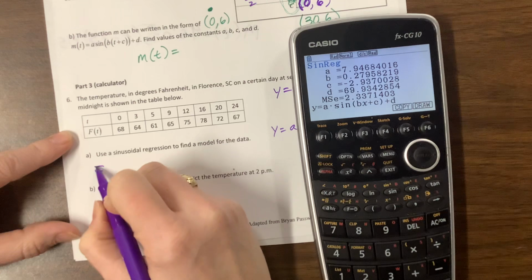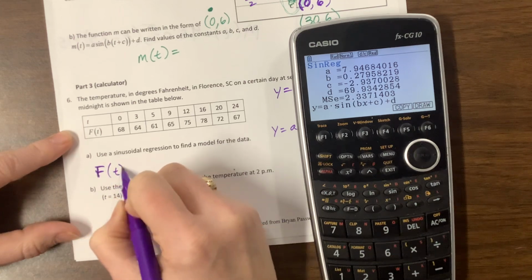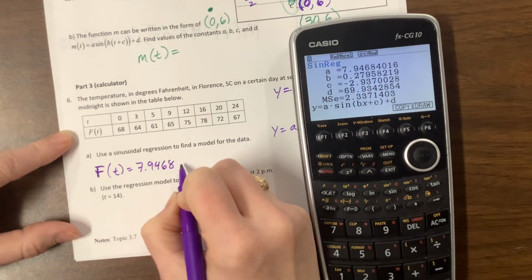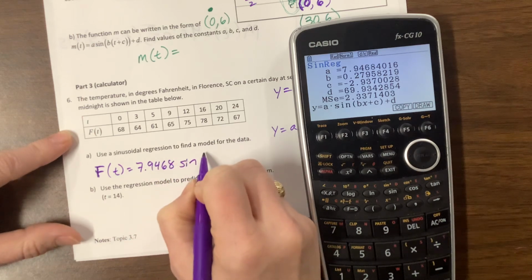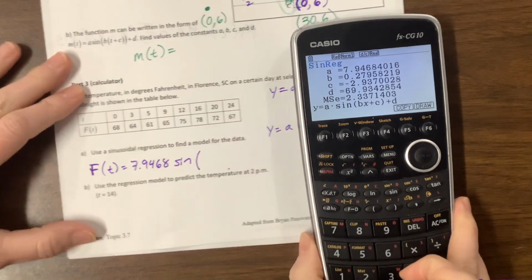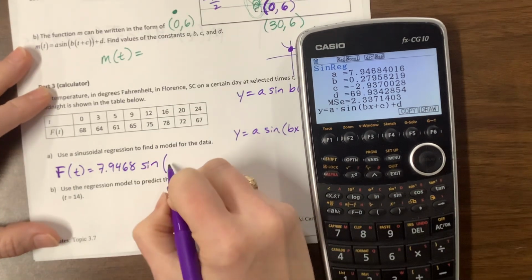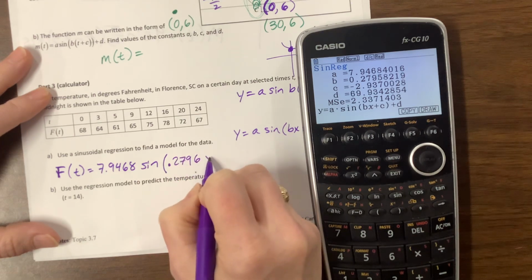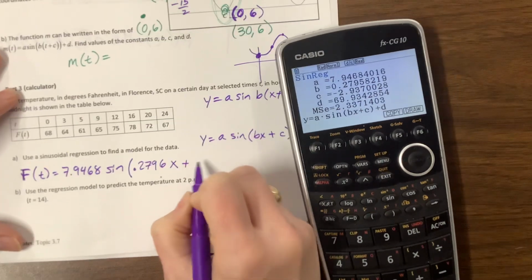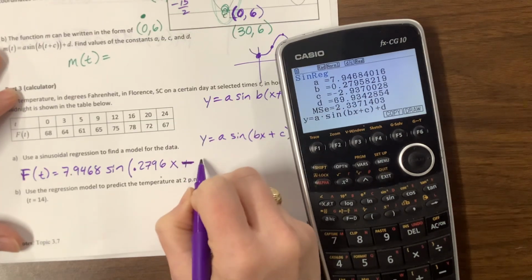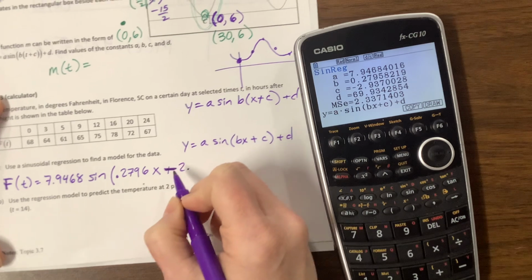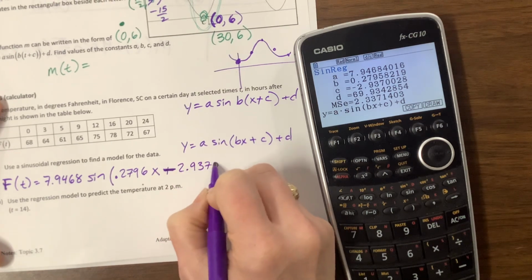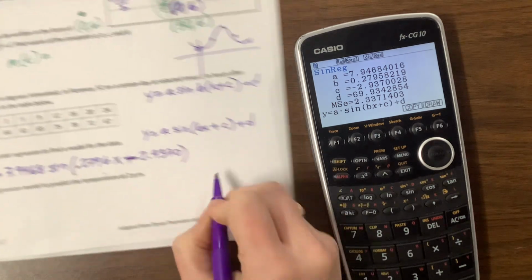Okay, so f of t is equal to our a value, 7.9468 sine of b, 0.2796 x plus our c value, minus 2.9370, close parentheses, and then plus d.